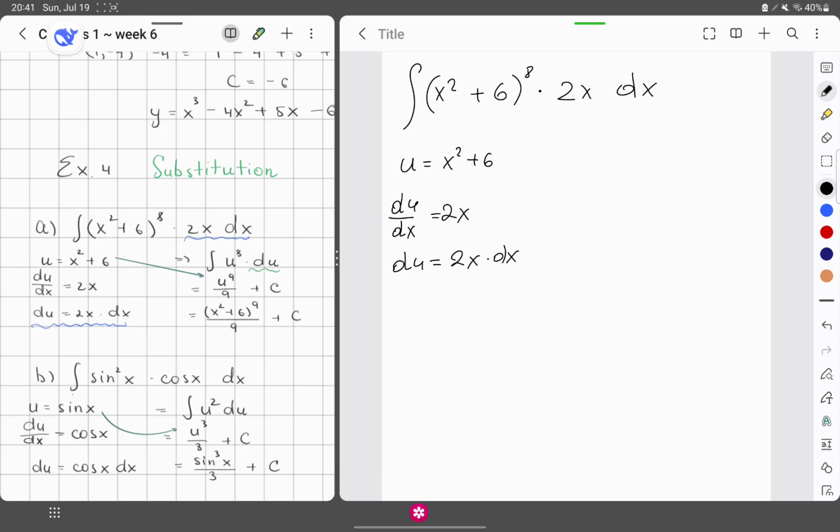But I have seen in the organic chemistry tutor like this, u equals to x squared plus 6, and du will be 2x dx, and dx will be du over 2x or something like this.